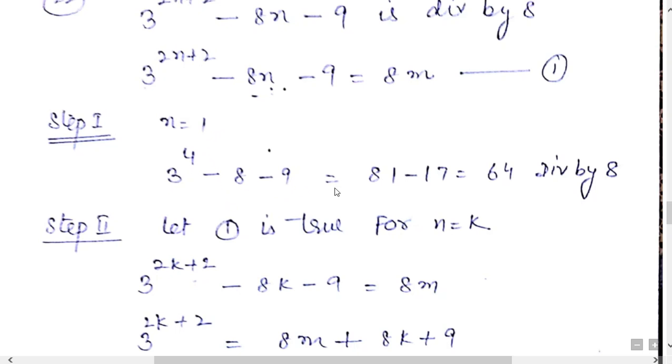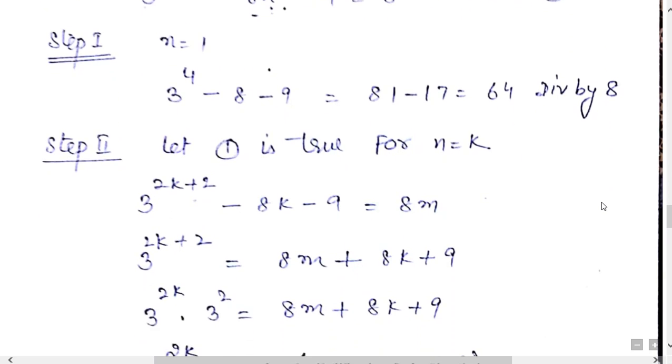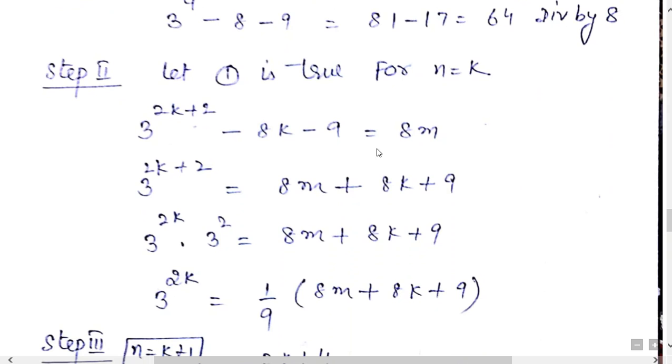It's 81 minus 17, 64, divisible by 8. Then consider that it is true for n is equal to k. It means you can write 3 raised to power 2k plus 2 minus 8k minus 9 is equal to 8m.